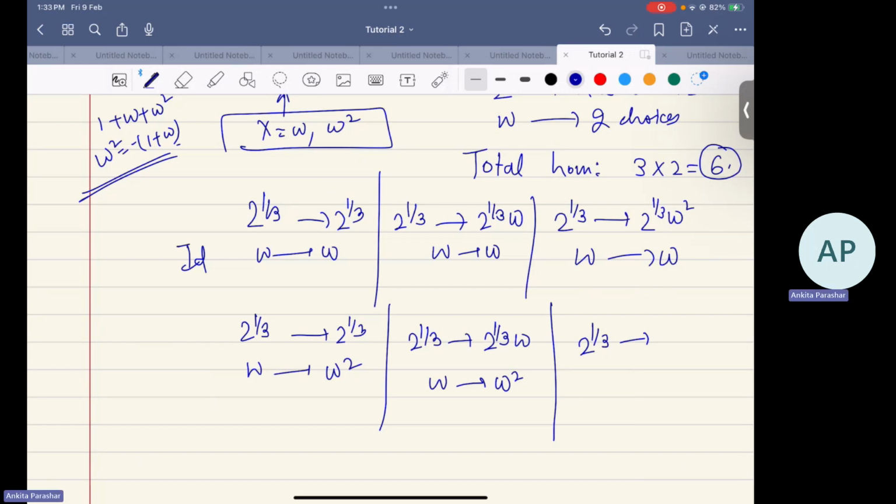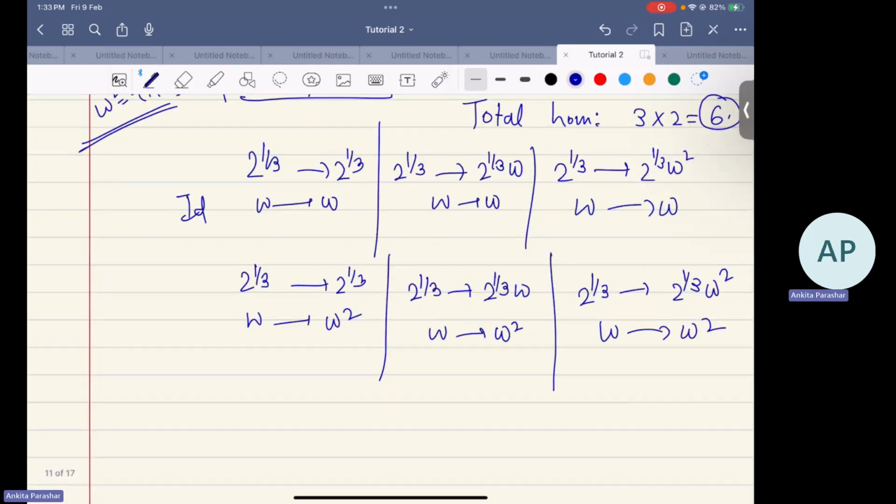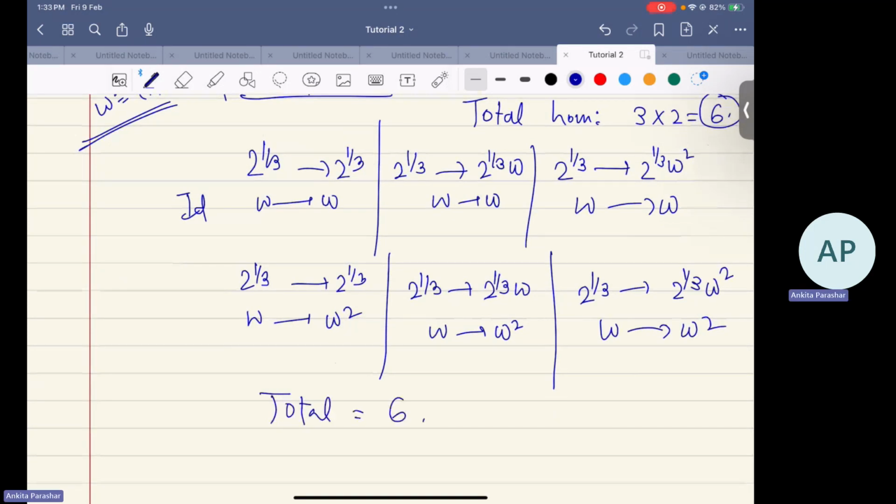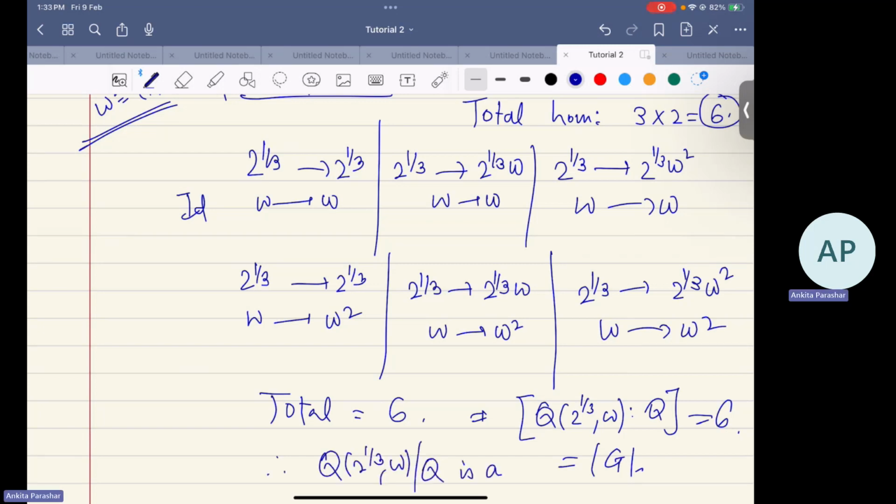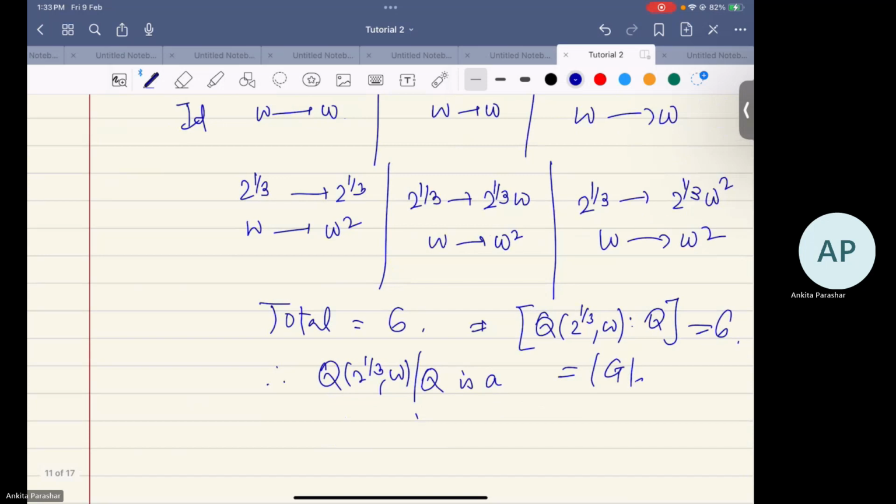And similarly the others. So these are total. But the degree of our extension is 6, therefore the same as the Galois group. Therefore it's a Galois extension. This is indeed a Galois extension.